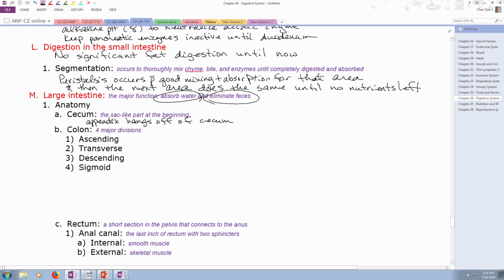four major divisions of the colon or large intestine after the cecum. We have the ascending colon that's going up the right side to the hepatic flexure. Then we have the transverse colon that is going to go from right to left to the splenic flexure.